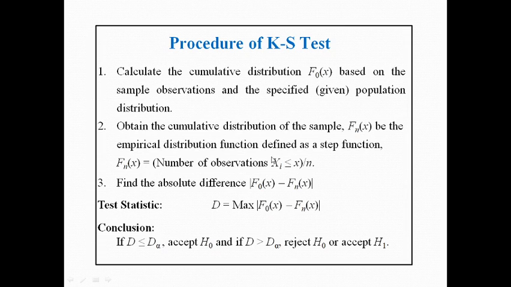Suppose only one observation is less than this x and we have 10 observations, so 1 by 10 is F1 x, and so on, depending on how many observations there are. This is the empirical distribution function. Further, we have the population cumulative distribution function, and this is the empirical distribution function.